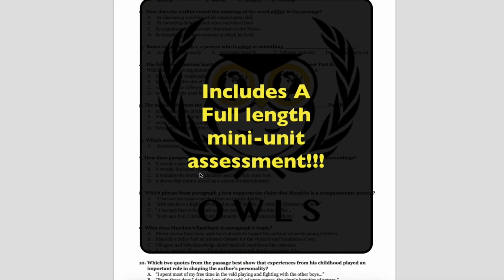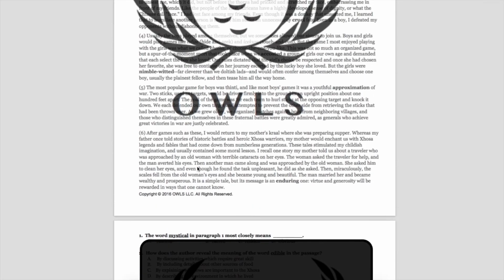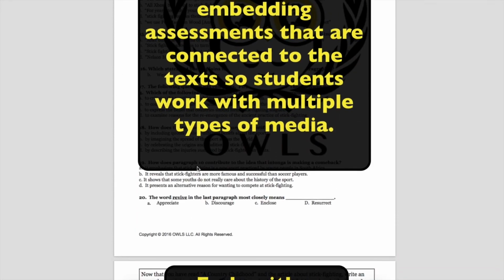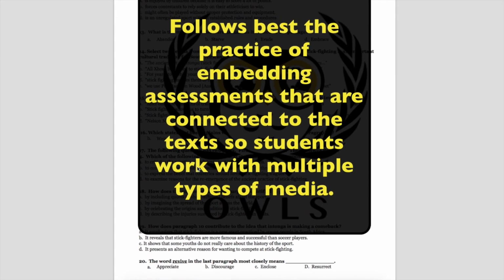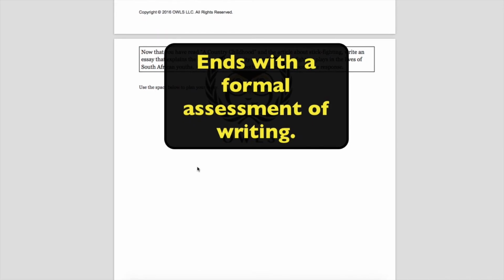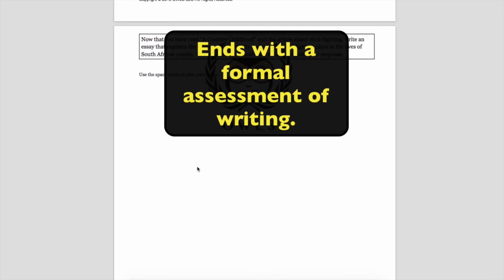They're not all multiple choice, just like most of the assessments that we're starting to see with Common Core are not going to be all multiple choice. There are opportunities for them to do other things as well, including citing evidence. In addition, there's a formal assessment of writing towards the end, where the students have to take a prompt, and this is an assessment of their ability to write expository or informative text, as we've been practicing throughout this unit.